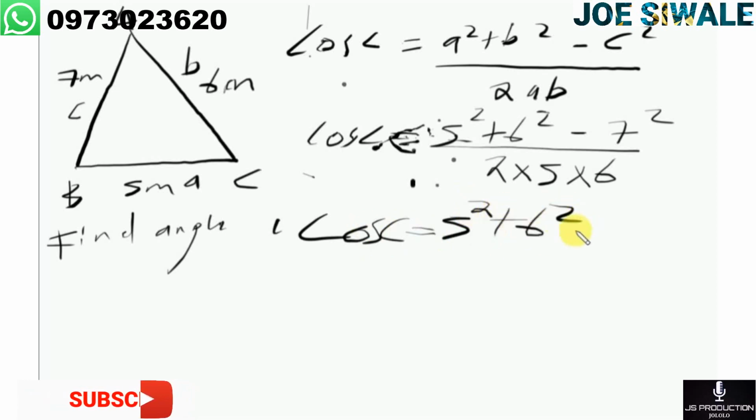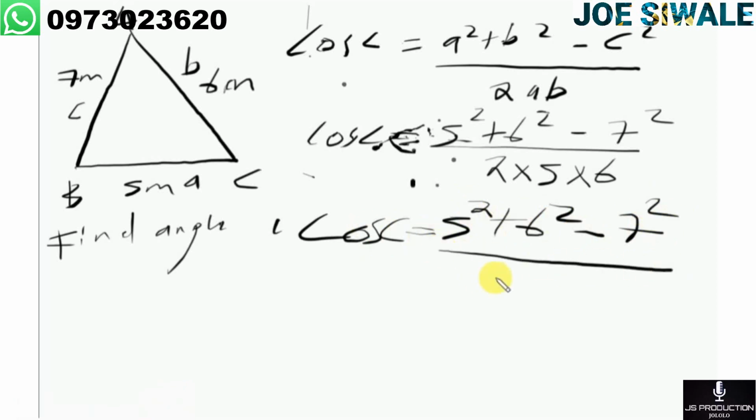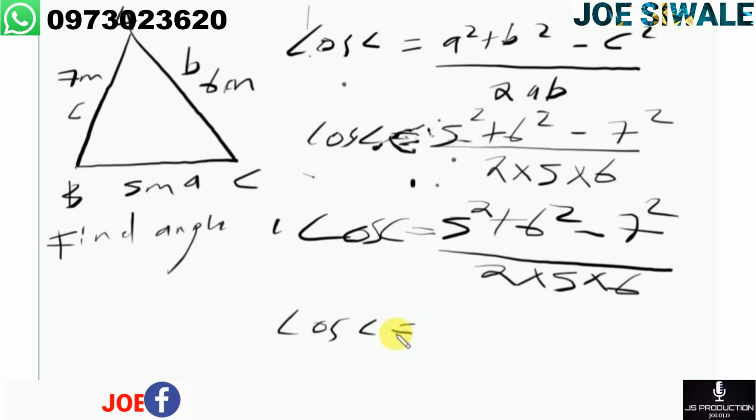So let me just write that properly. That's cos C is equal to 5 squared plus 6 squared minus 7 squared over 2 multiplied by 5 multiplied by 6.